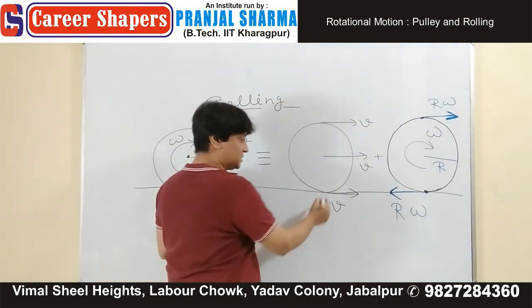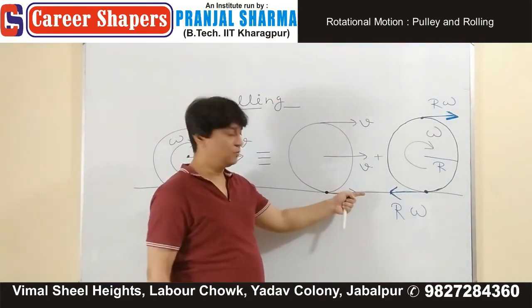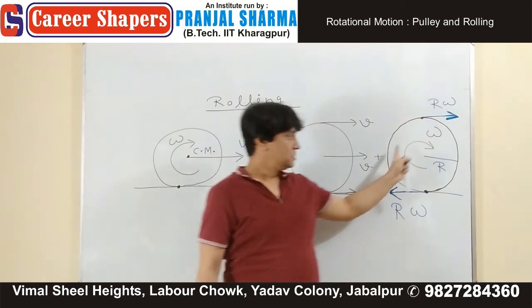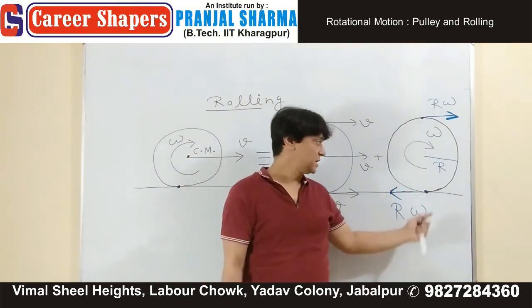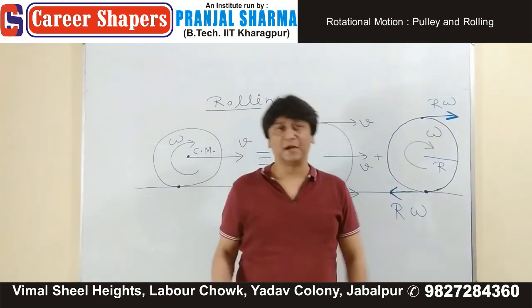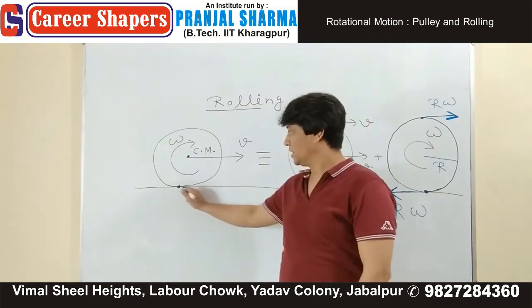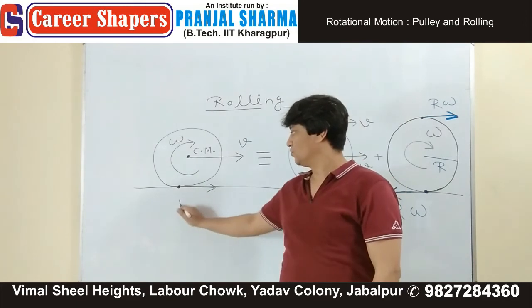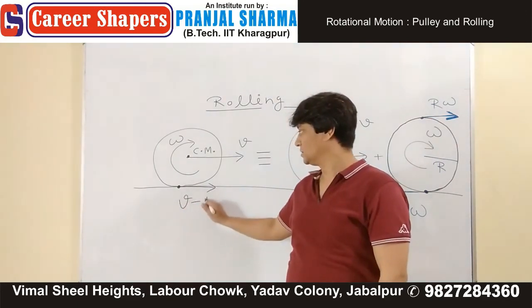Translatory motion says this point is moving with V forward. Circular or rotational motion says this point is moving backwards with r omega. So what is the net velocity? Net is V minus r omega.